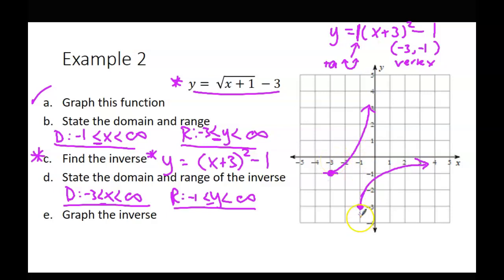If this guy's only got y values from -3 to infinity, this guy's only allowed to have x values from -3 to infinity. So since this guy's domain and range is restricted, when you find his inverse, it's his inverse, so he gets to call the shots. This guy's domain and range gets restricted, and you actually end up with only half of a parabola.